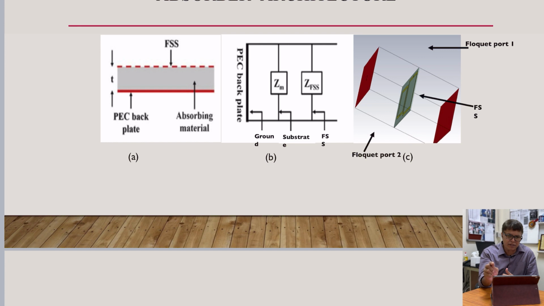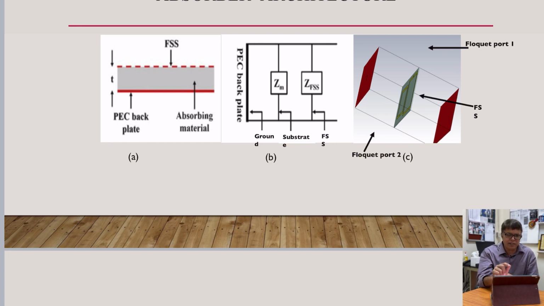The incident wave strikes the FSS because the metamaterial characteristics are available in this FSS. So the incident wave, in place of getting reflected, travels into the dielectric material, and at the back there is a PEC or copper, where it gets reflected and again travels to the substrate.